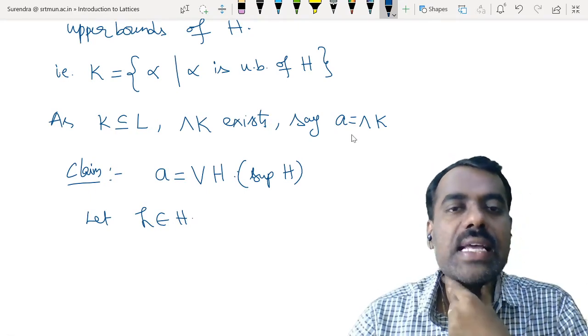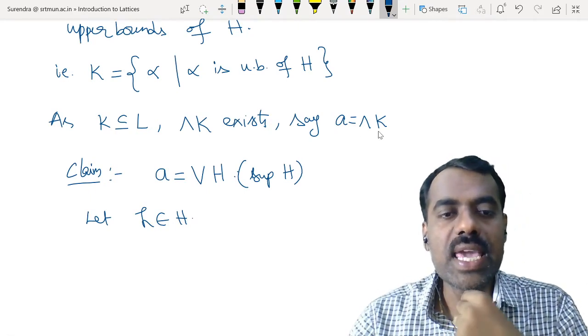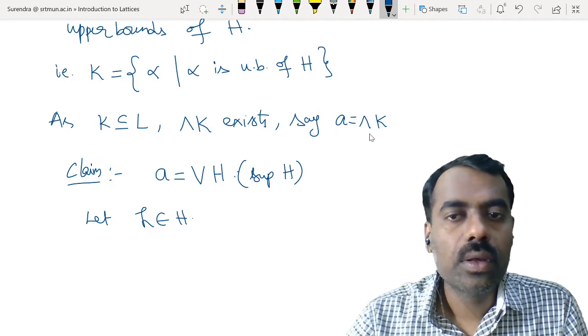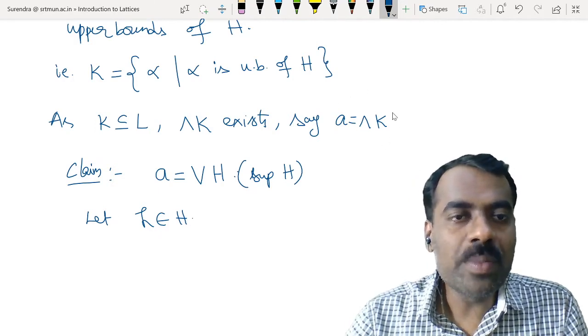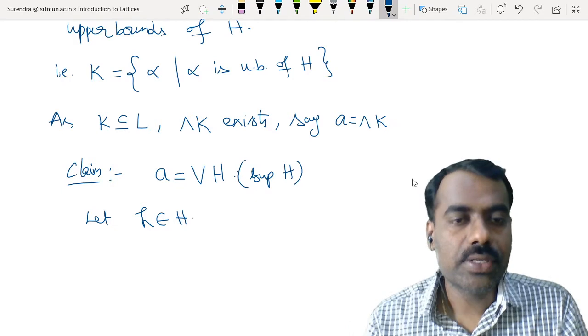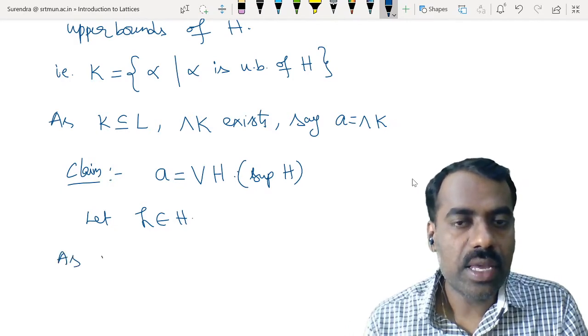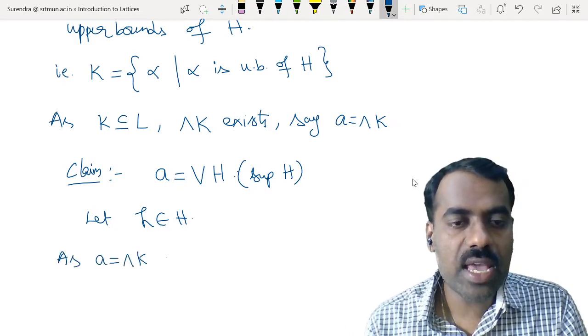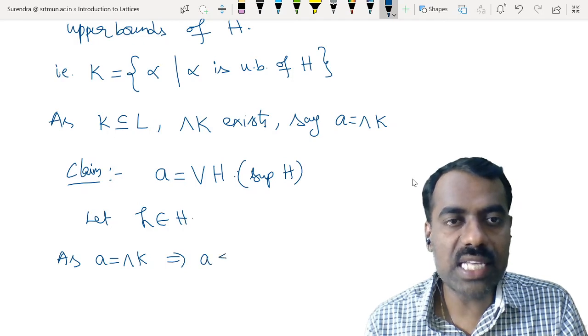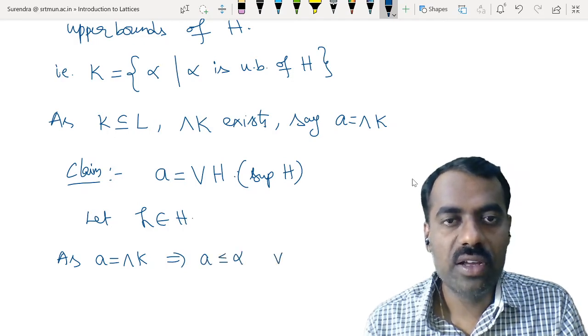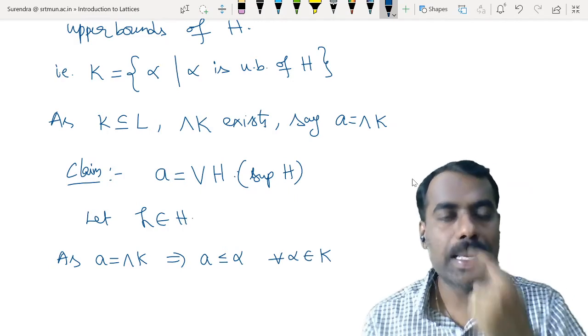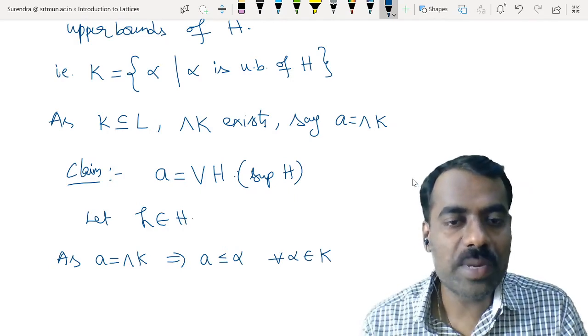What do we know about A? We know that A is the infimum of the set K. So as A is equal to the meet of K, this implies A is less than or equal to alpha for every alpha in K, right?